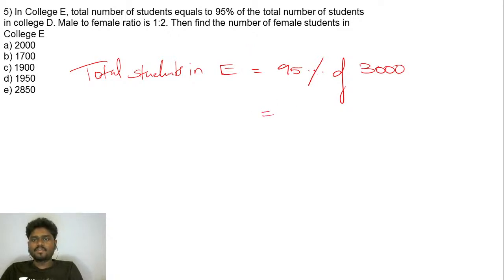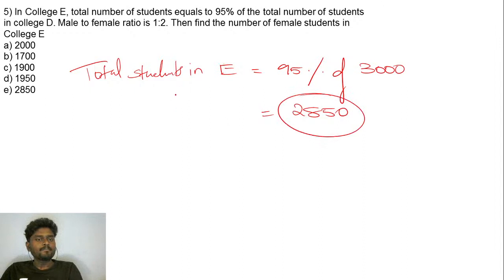Simply first find what is 5%. I know 10% is 300, so 5% will be 150. So from this 3,000, if you subtract 150, you'll get exactly 2,850. So 95% of 3,000 is 2,850. Simply I just subtracted 5% of 3,000. 5% of 3,000 is 150. So 3,000 minus 150 will give you 2,850.